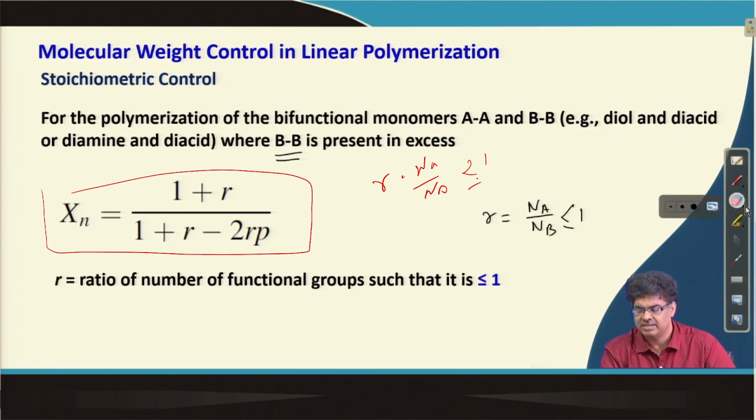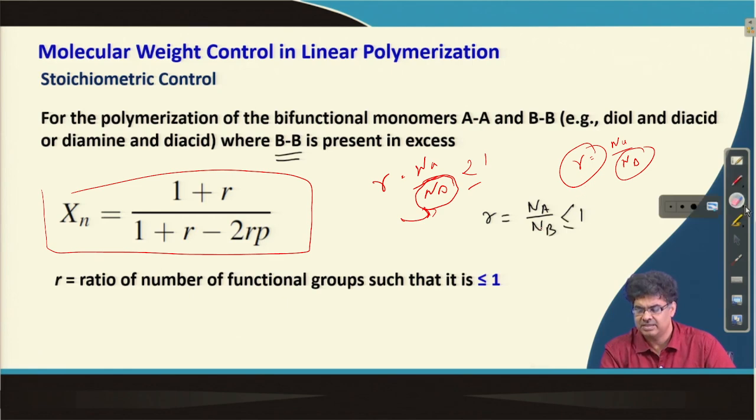How will it be less than 1? When you put the bigger value in the denominator, meaning the monomer whose concentration is higher. So always put the higher monomer concentration in the denominator, and you will find the R value less than 1.